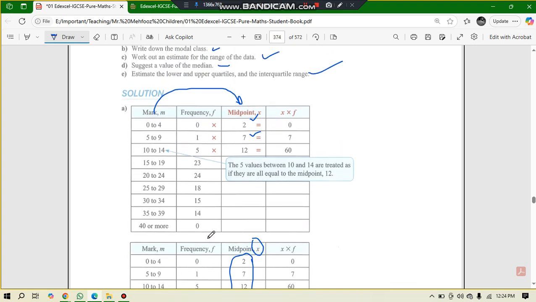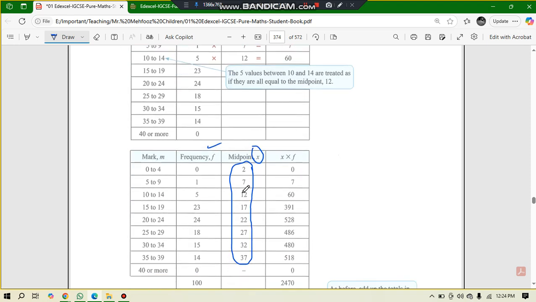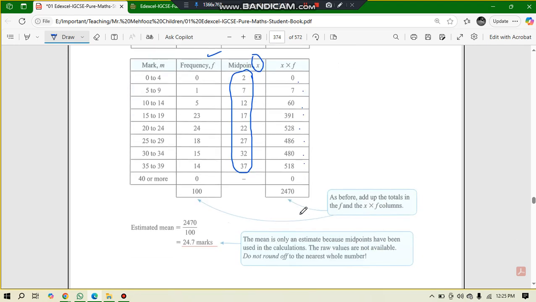This is called x. We are also given the frequency f. So in the next column, you multiply x with f. Your answers will be 0, 7, 60, 391, 528, 486, 480, 518, 0. These are the values of x multiplied by f.